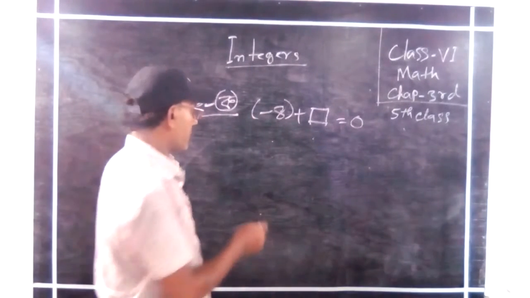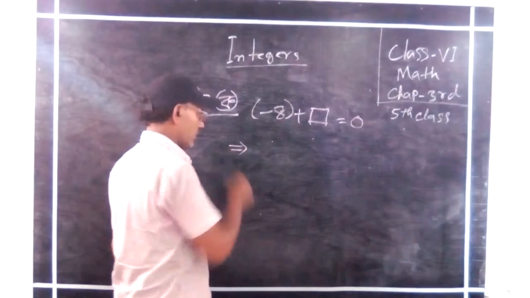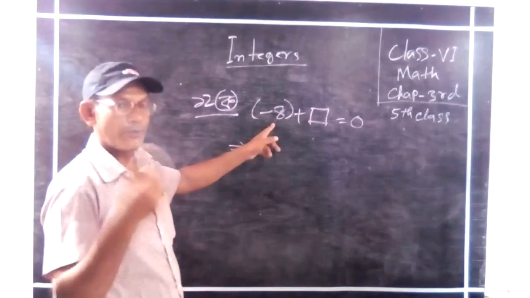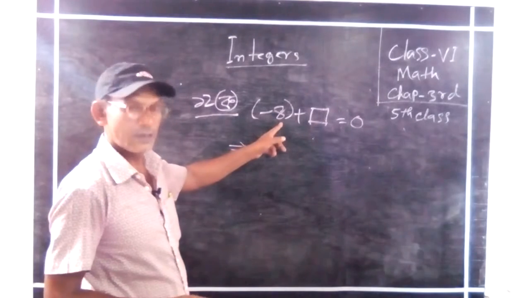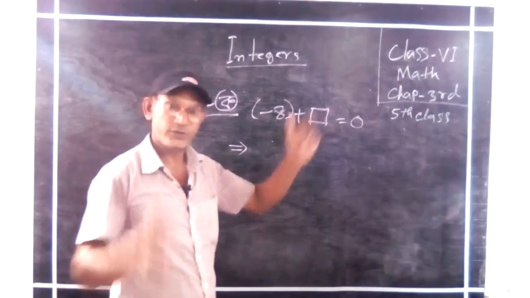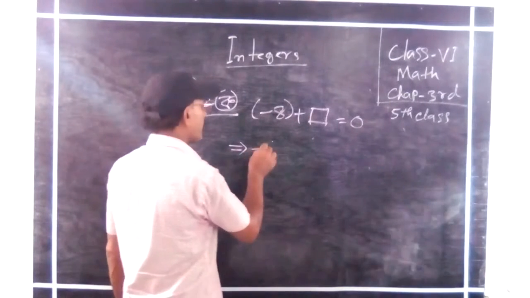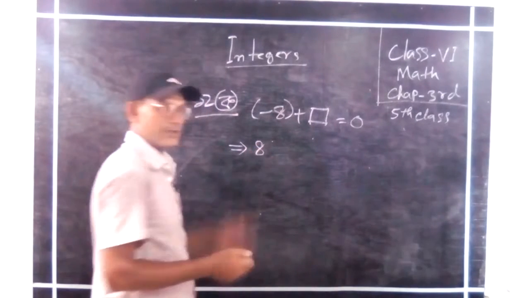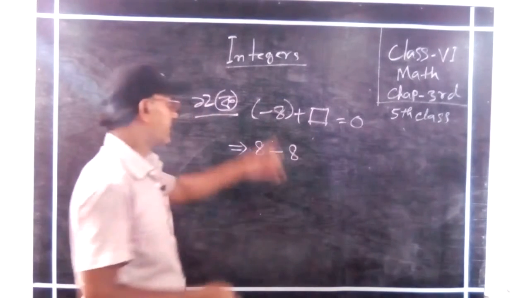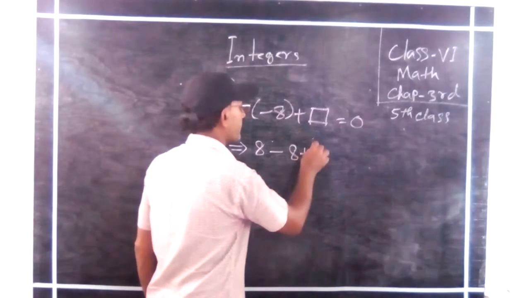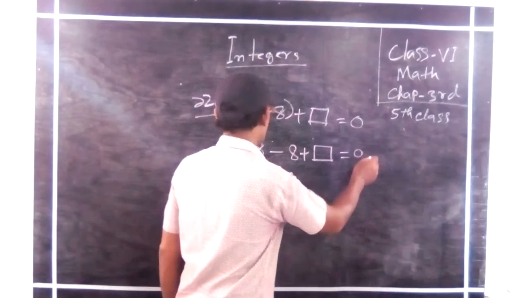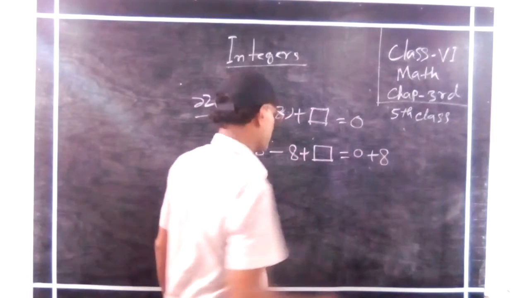Here we will use the opposite number, minus 8. We will use the opposite number on both sides. So plus 8: minus 8 plus 8 plus our empty cell equal 0 plus 8.